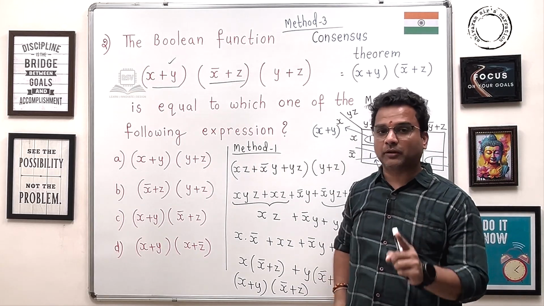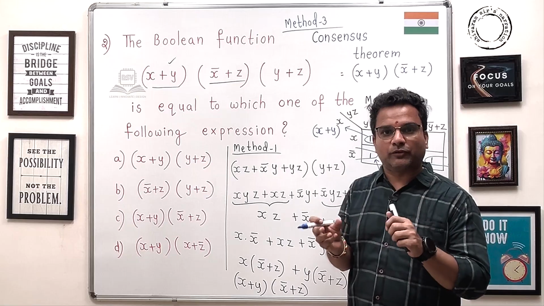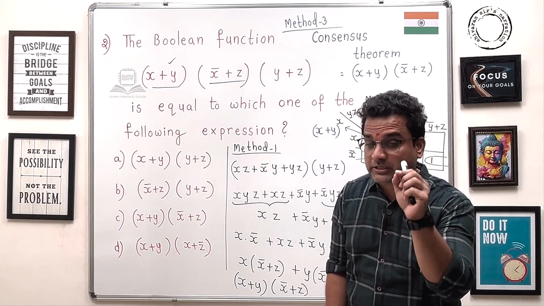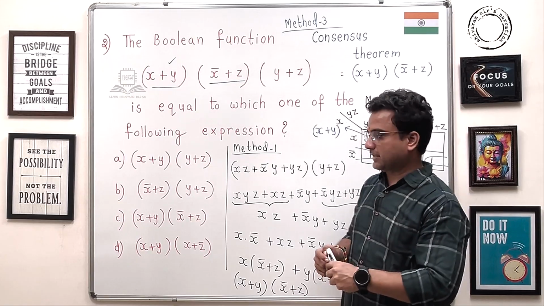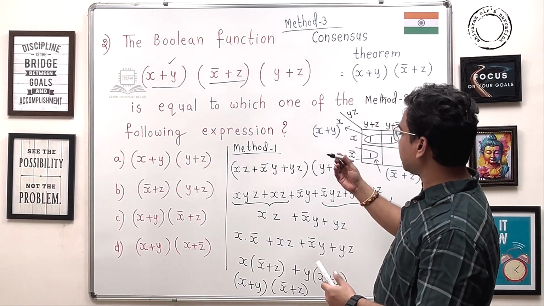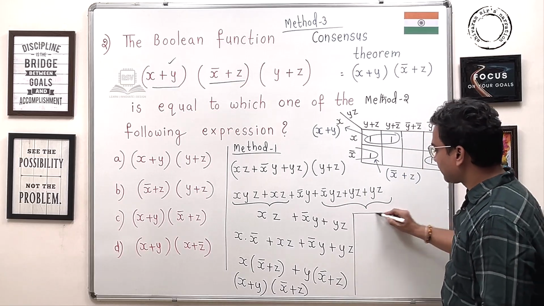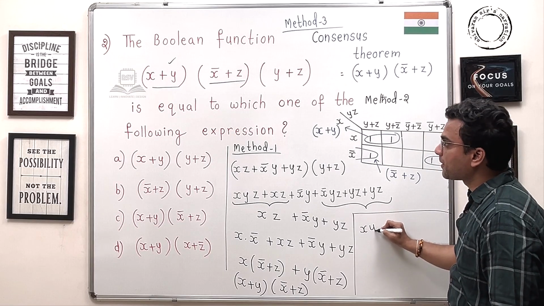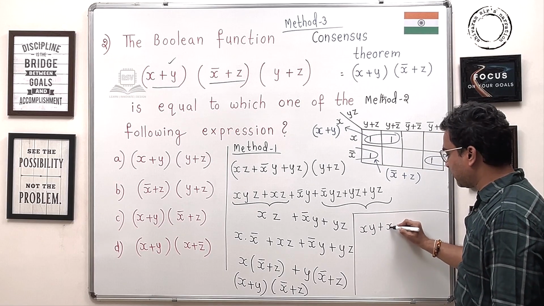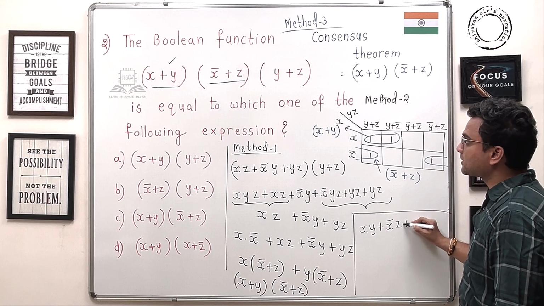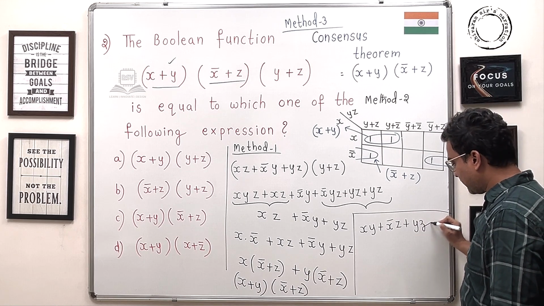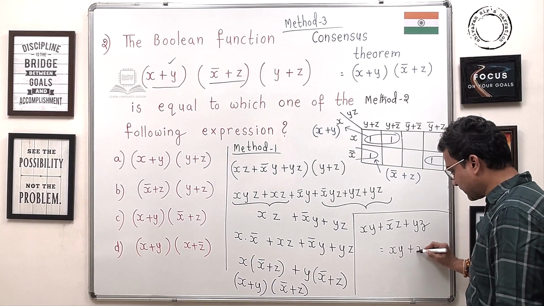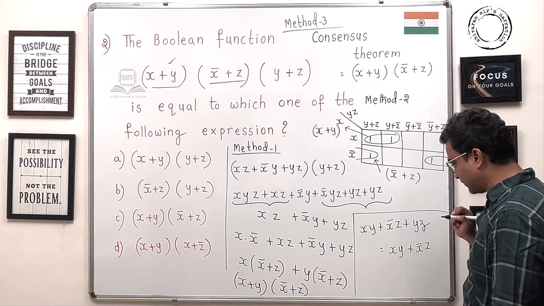And remember one important point, it is not only for POS. It will be applicable to sum of product form SOP also. For example, let us consider here in a SOP format, xy plus x bar z plus yz is equal to xy plus x bar z also, the same.